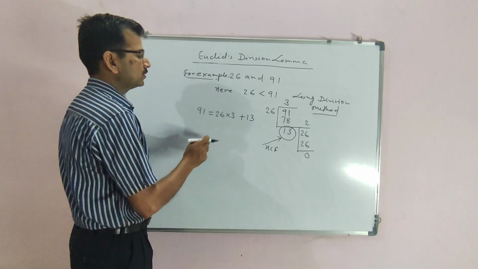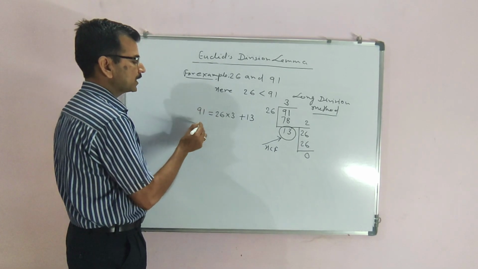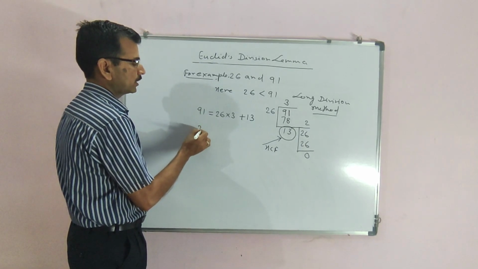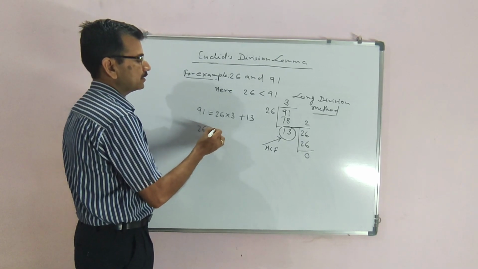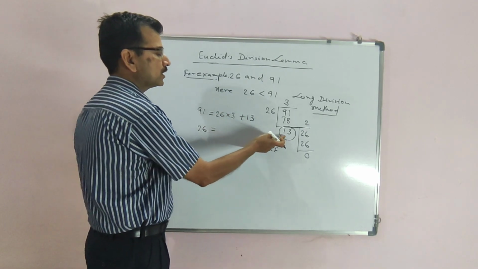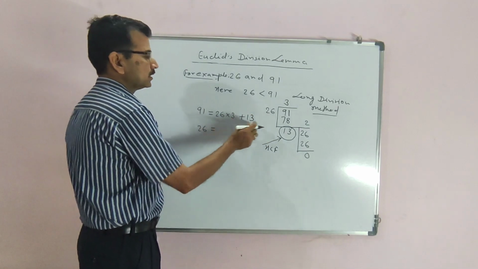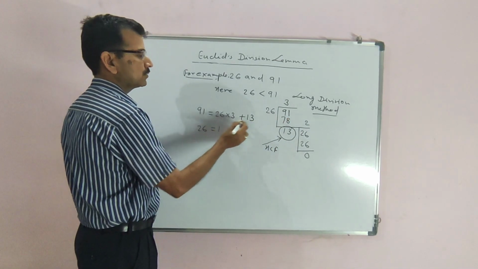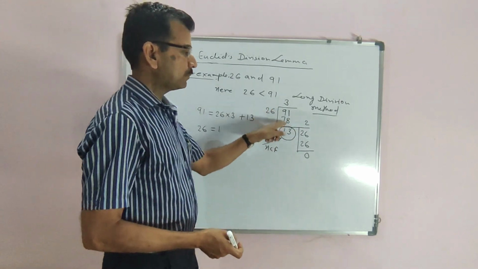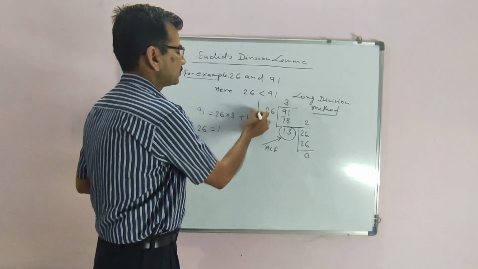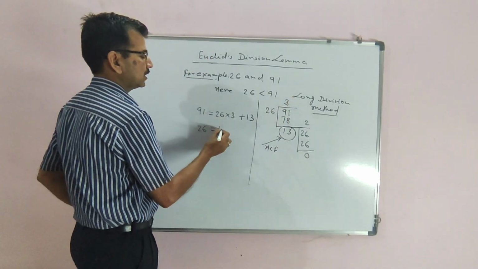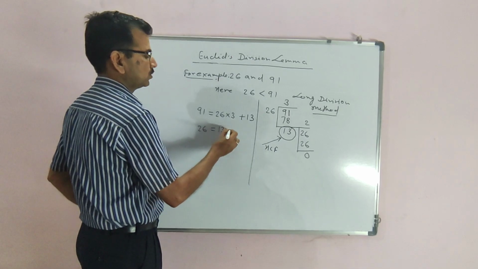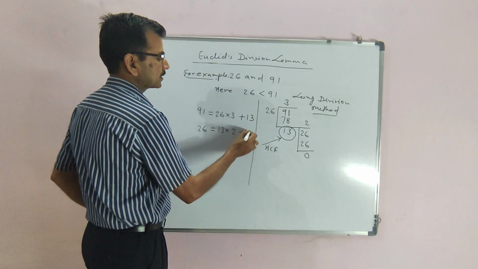Then what do we take now? This 26 we take here, and we divide by the remainder. So 26 equals 13 into 2 plus 0.